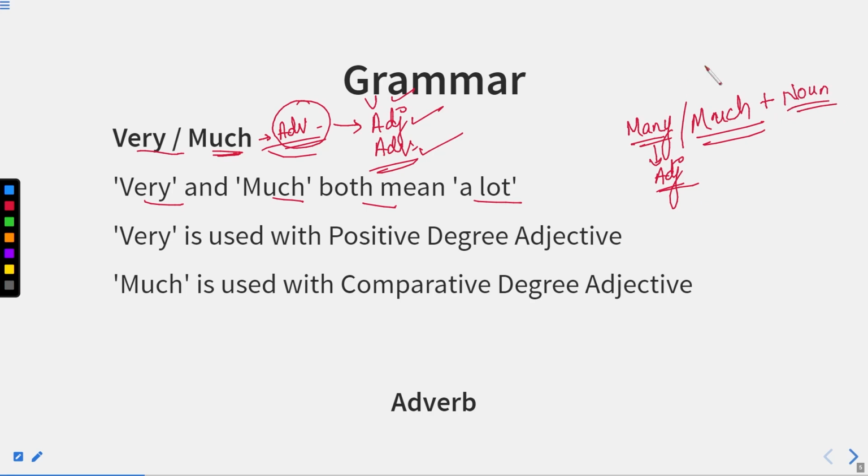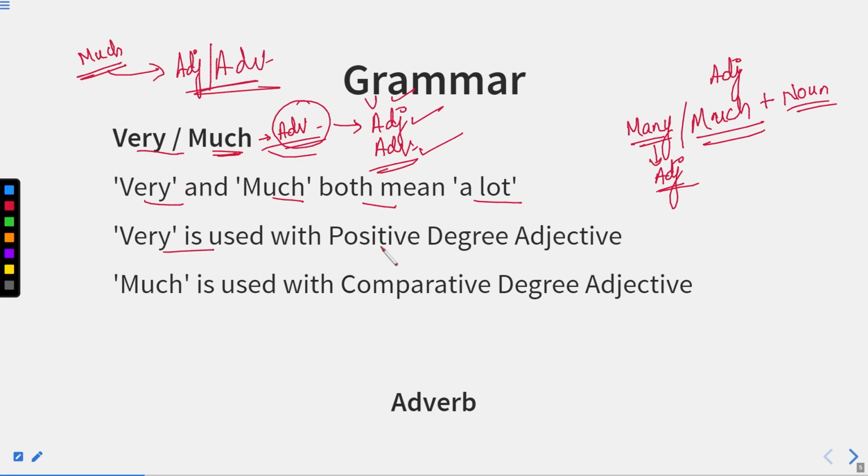Whenever it describes a noun, it is an adjective, and whenever it describes any of these others, it is an adverb. So first of all, this should be very clear to you that the part of speech of much is adjective as well as adverb, though it is different in both contexts.